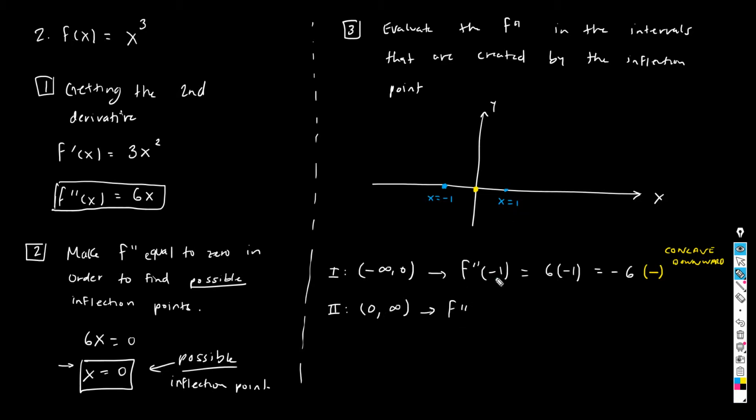We evaluate at 1. We get 6 times 1, which is 6, which is positive, and which tells me that over the interval from 0 to infinity, my function is concave upwards. And that's it. We are done.